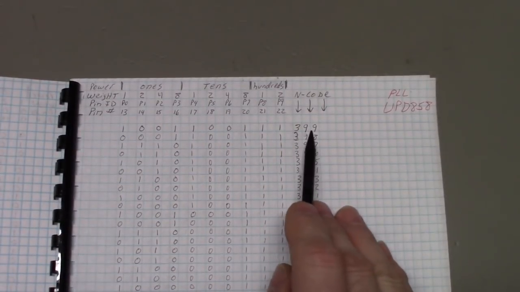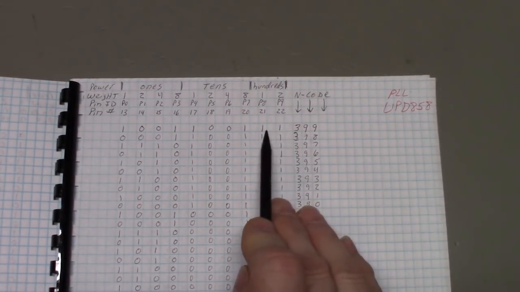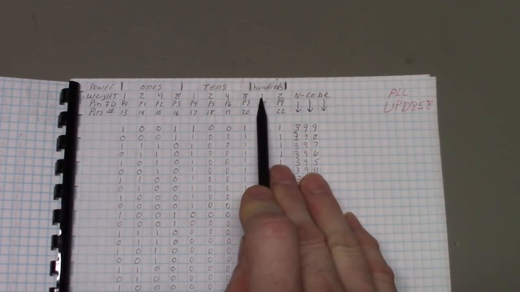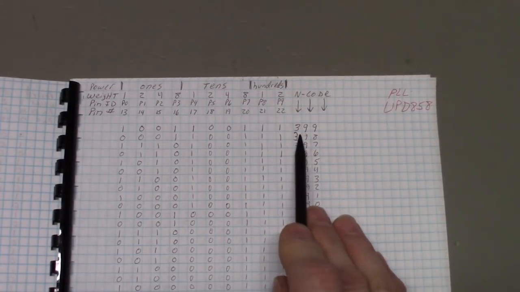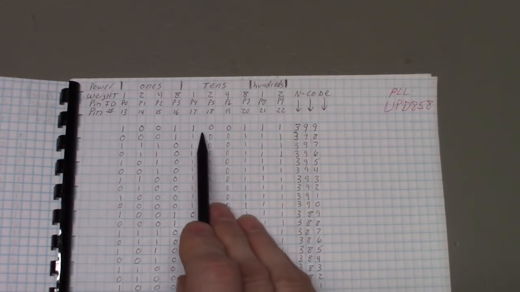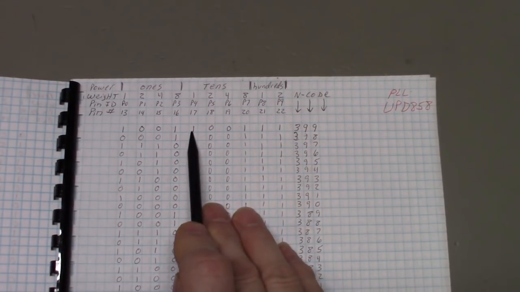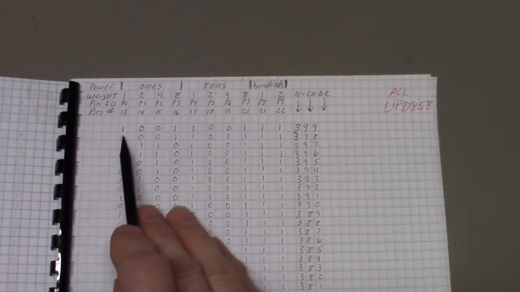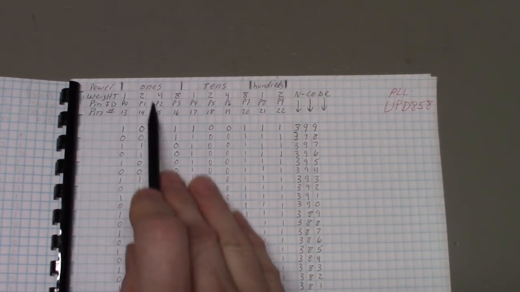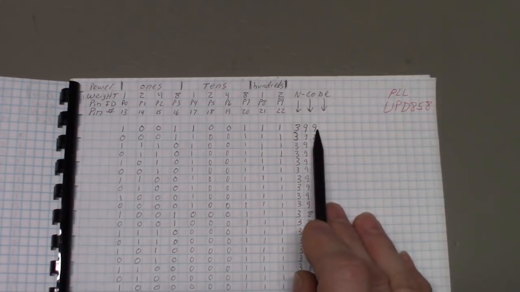As you can see, right here, the highest channel, 399, is 2 plus 1 is 3 in the hundreds column, so that's your 3. Then in the tens column, we have an 8 plus 1 is 9, and then an 8 plus 1 is 9 in the ones column, and that's our 9 for 399.